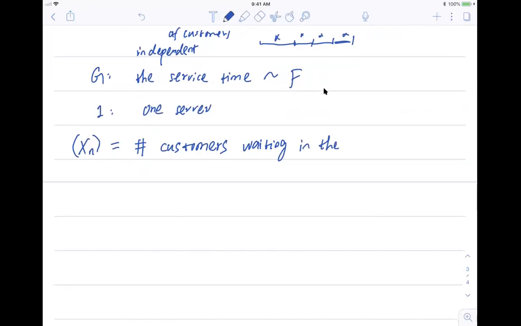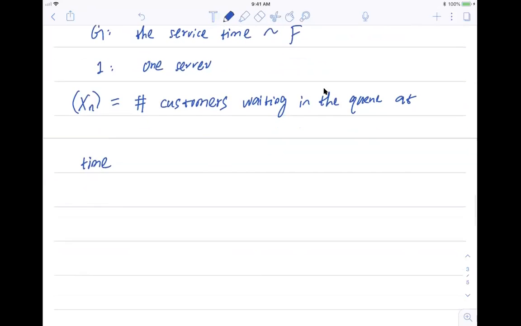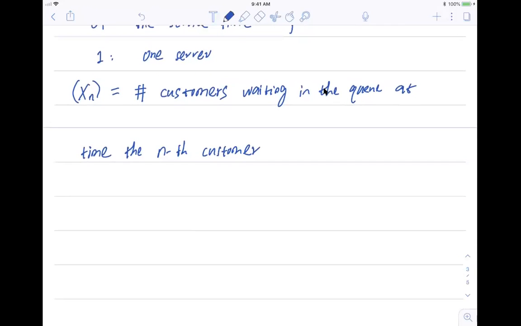It's the number of customers waiting in the queue at the time the nth customer enters service.